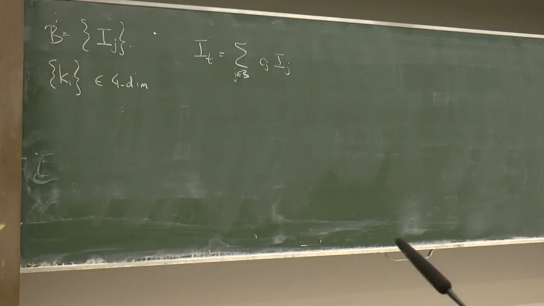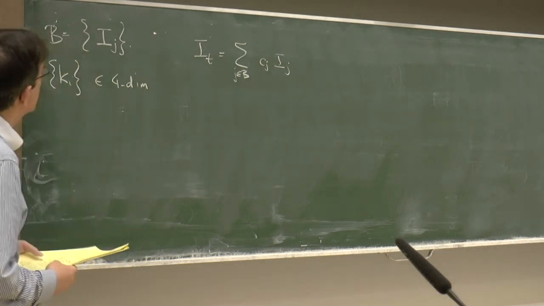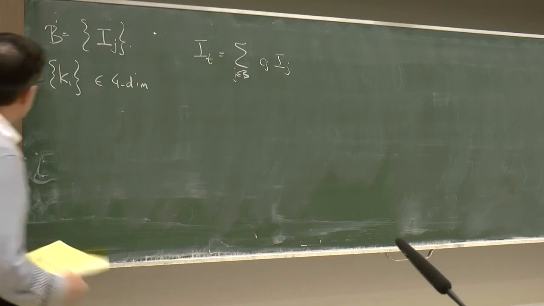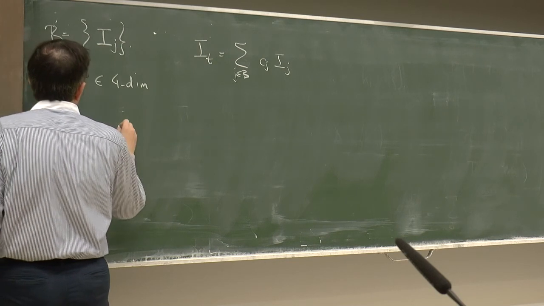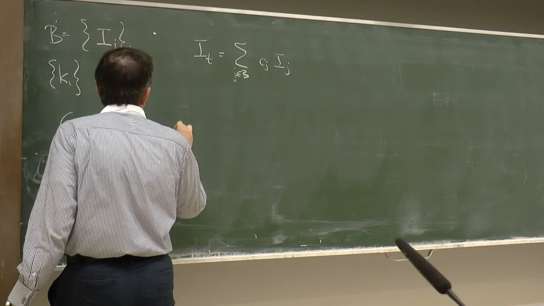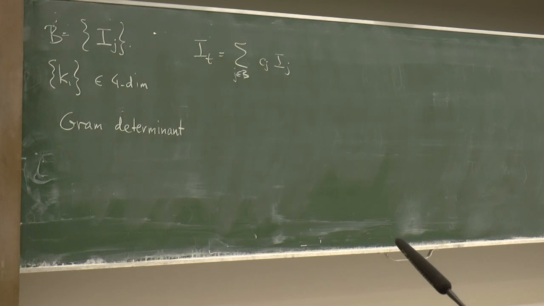So of course we want to embark on a short journey, on a set of calculations. The first thing we need to do is equip ourselves with the right tools. And the first tool is the so-called Gram determinant. Actually, Gram, if I recall correctly, was Danish, so he's from somewhere not too far away from here.